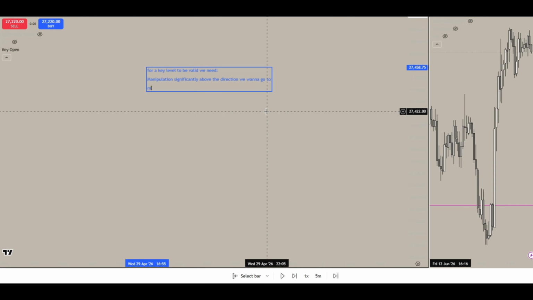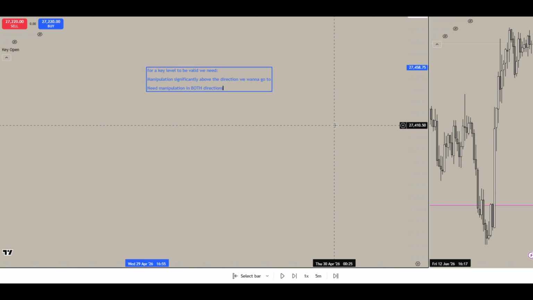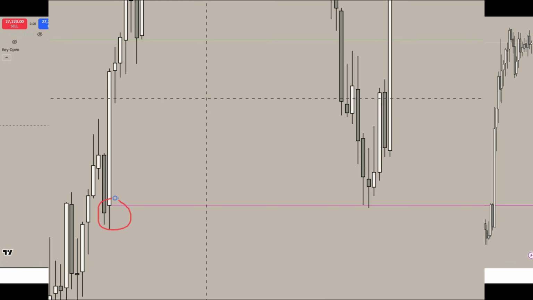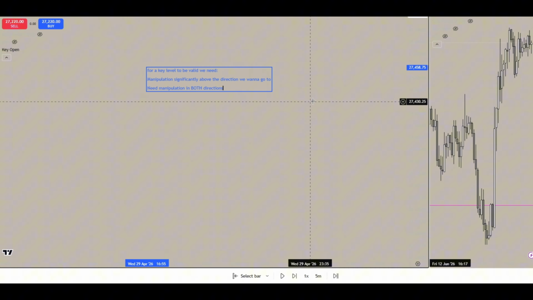But not only manipulation in the direction we want to go to is important, but also the other one. That's the example I showed you with the small wick to the downside, which made the rejection block and the whole trade valid.